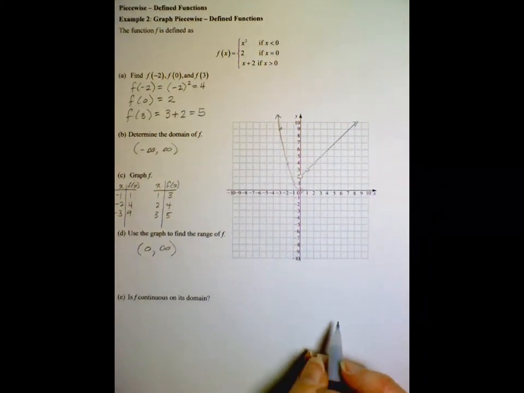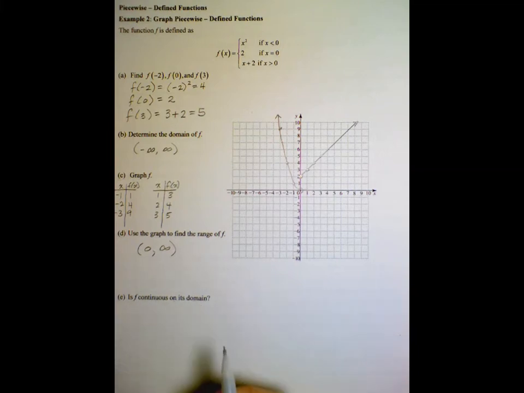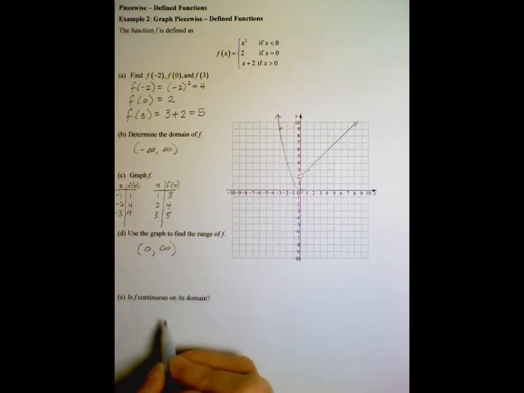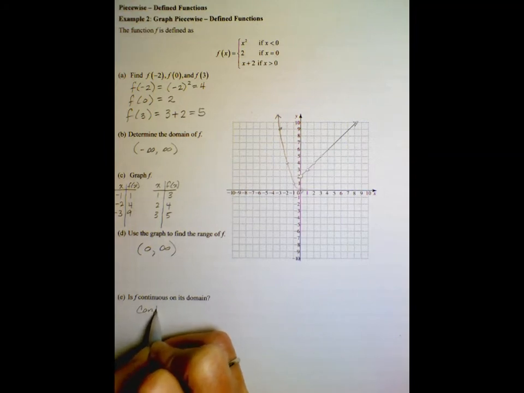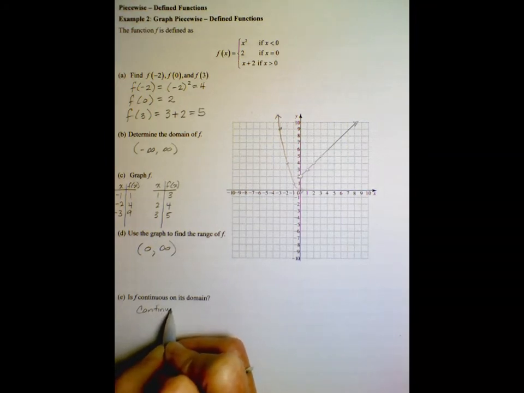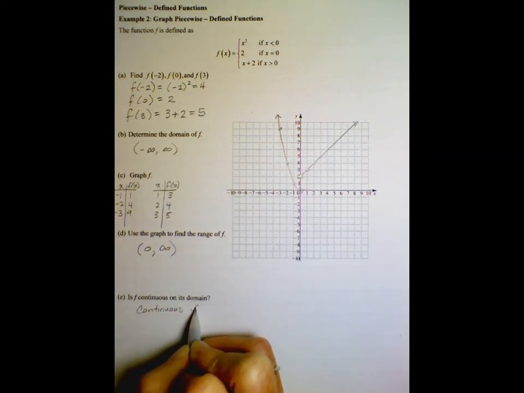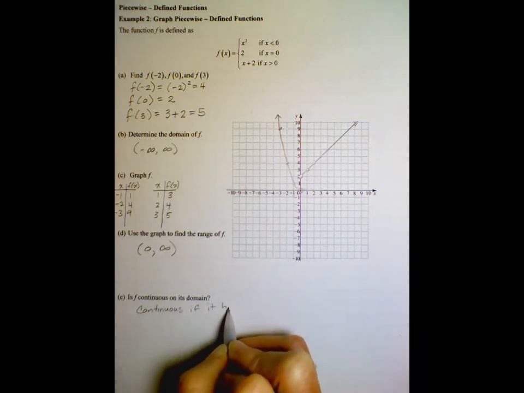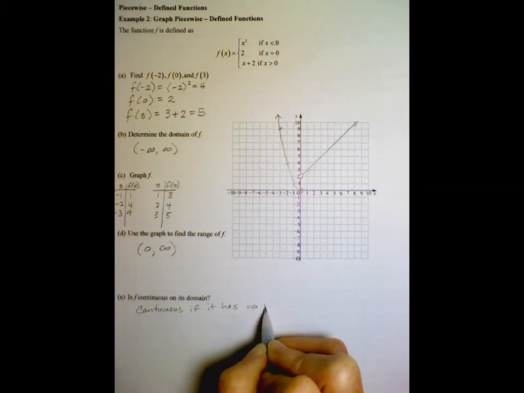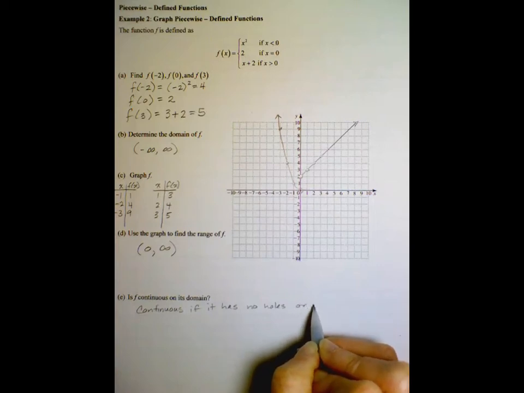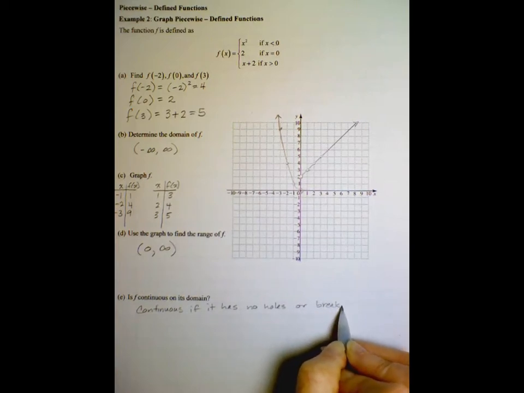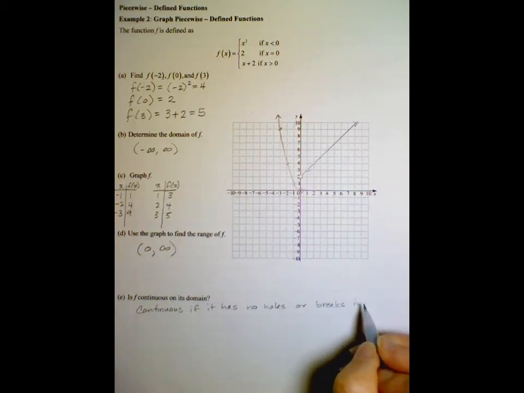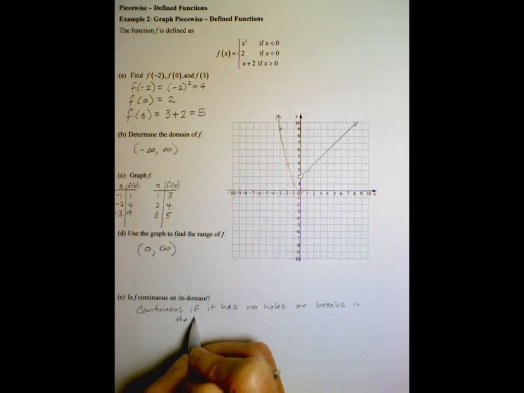The last question is, is f continuous on its domain? All that means is it's continuous if it has no holes or breaks in the domain.